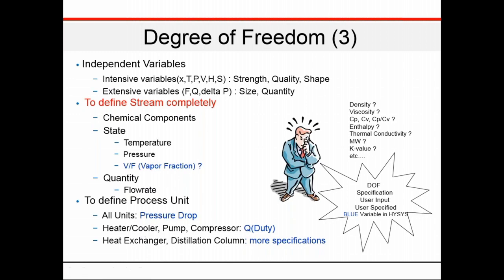What describes these process units is duty, which is Q, also an extensive variable, as you can see up here. Then we have the heat exchanger and the distillation column, which have more specifications.